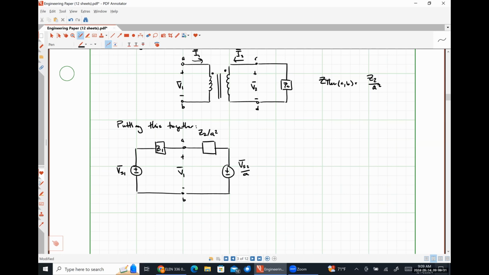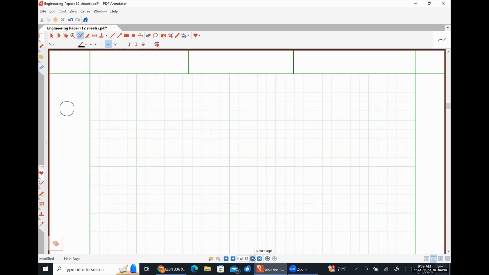Now, let's talk very briefly about the concept of auto transformers. When we talked about transformers and introduced the concept of them in our last class meeting, we were talking specifically about two separate coils of wire, right?